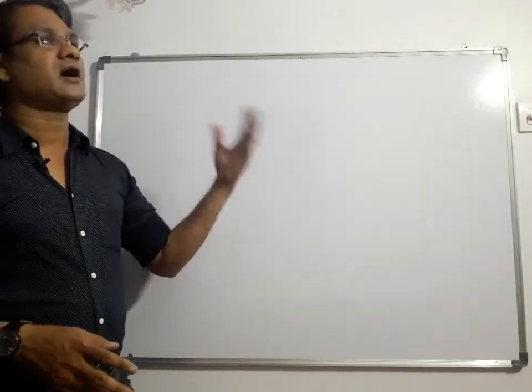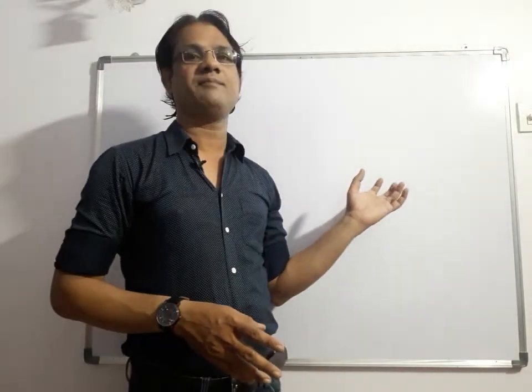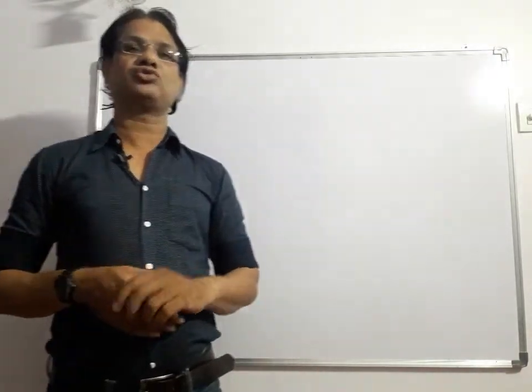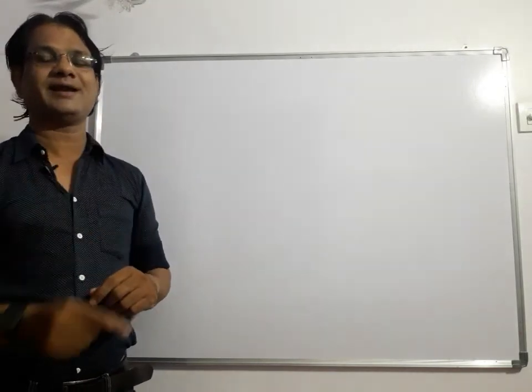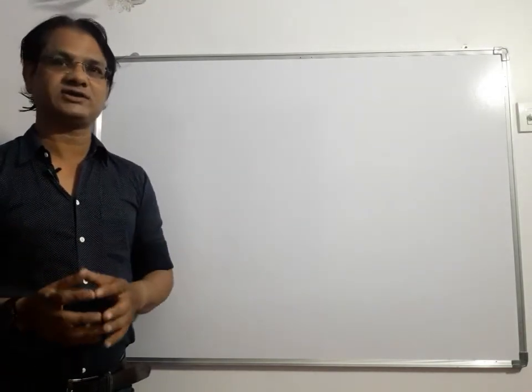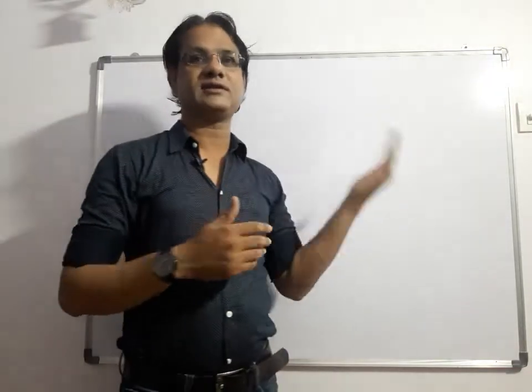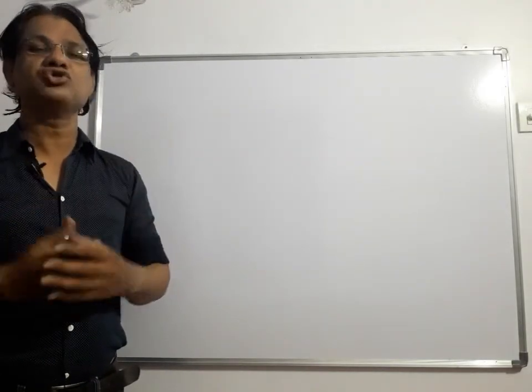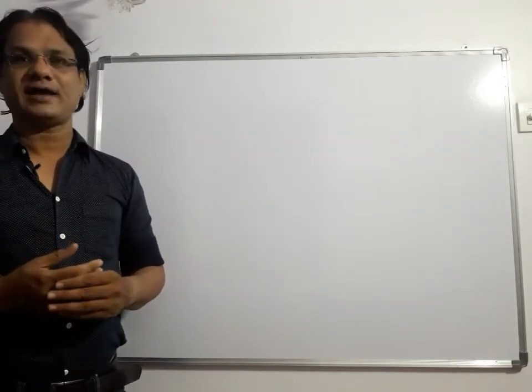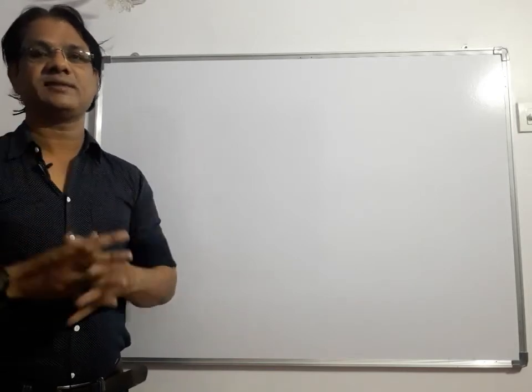Then after this lecture I will teach you two different methods that will be tricks to quickly balance a chemical equation. We'll learn those after this period. One by one we will teach, and you have to decide which method you are going to use to balance a chemical equation. It depends on you.